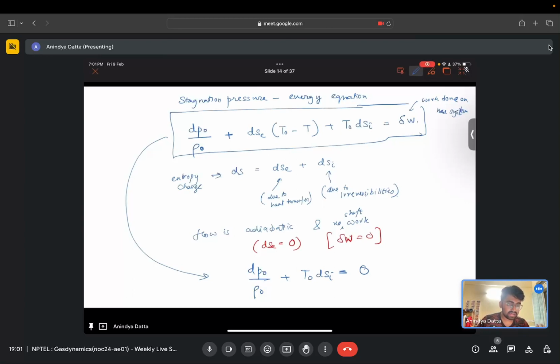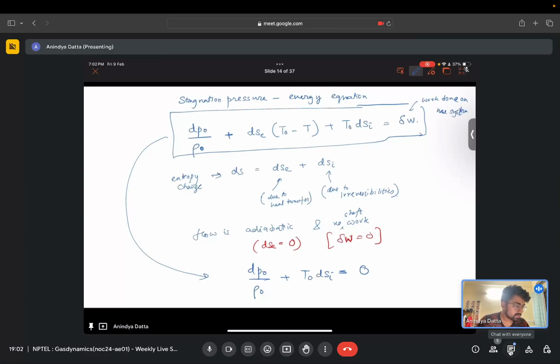That's why I said having a clear understanding of stagnation properties is very important in the context of gas dynamics. Okay, you can ask questions if you have any doubts. So this session is mainly focused on that.